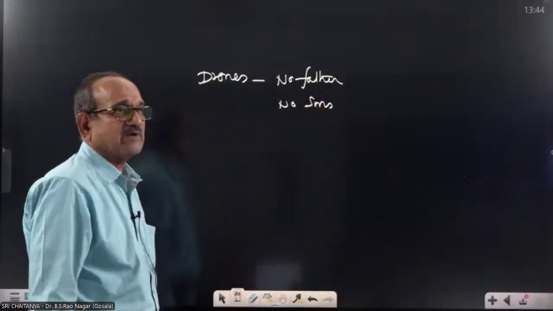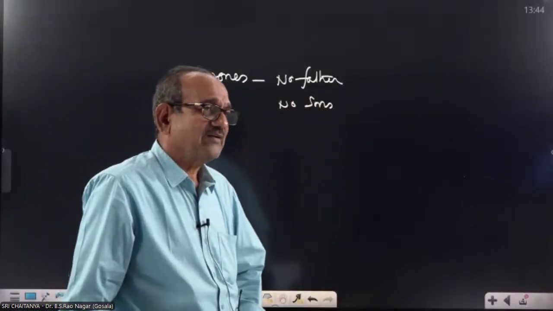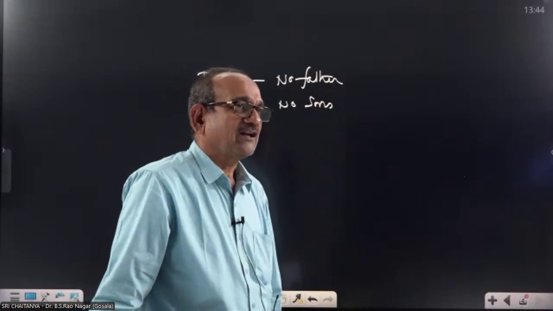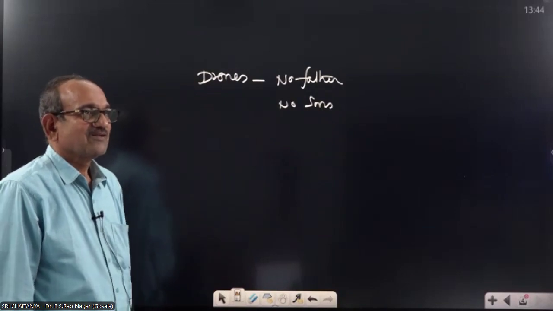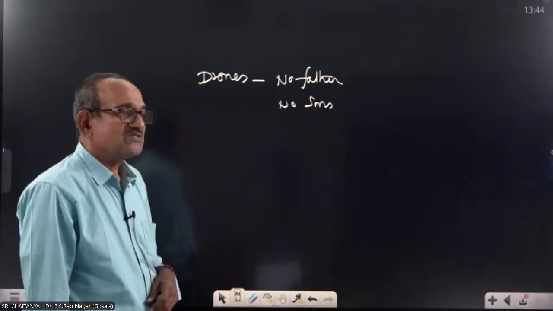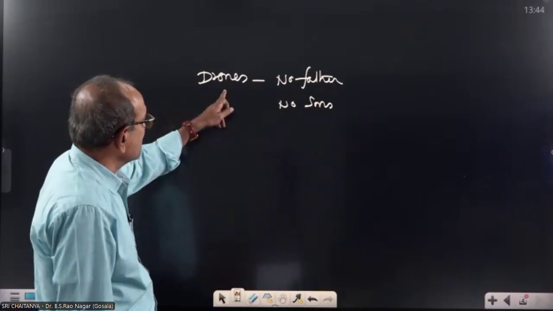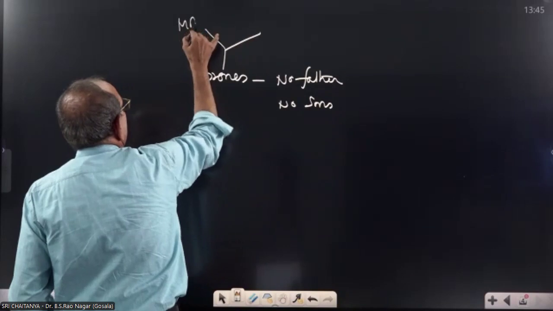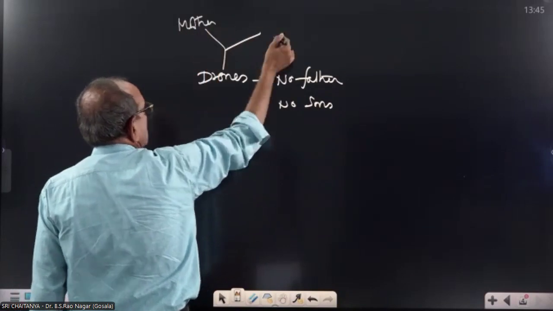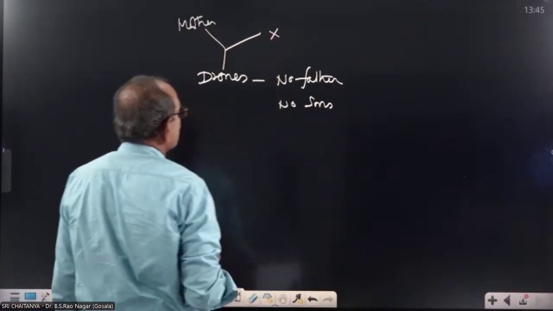Now my question is: drones have a maternal grandfather and a paternal grandfather, are both there? No, one is missing. A drone has a mother, but drones have no father.